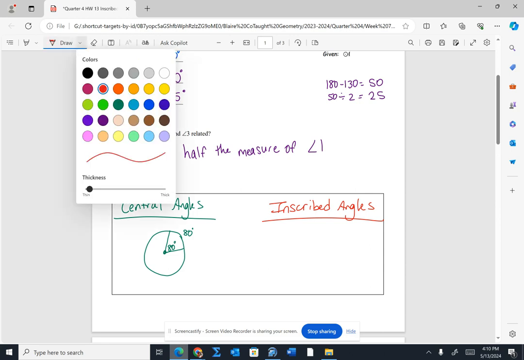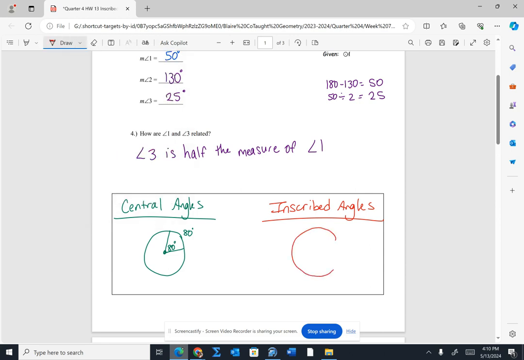But for an inscribed angle, its vertex is on the circle. And if its arc is 80 degrees, the inscribed angle is only half of that. So the inscribed angle's measure would be 40 degrees. So central angles have the same measure as the arc, and inscribed angles have half the measure of the arc.